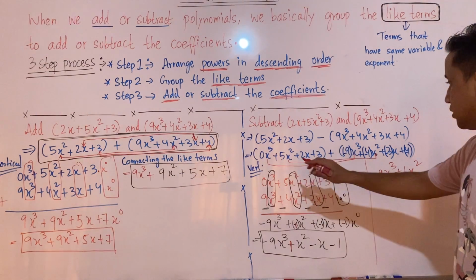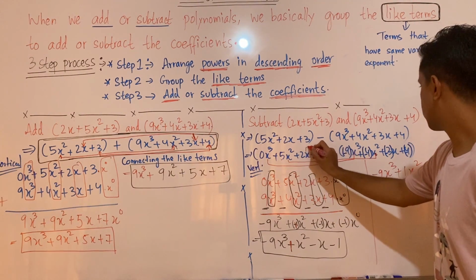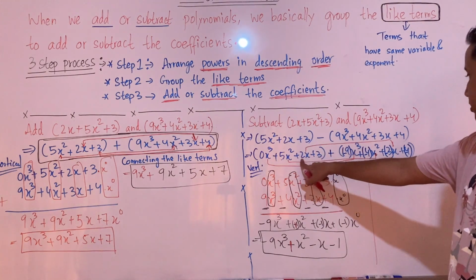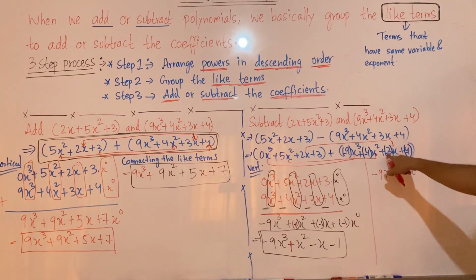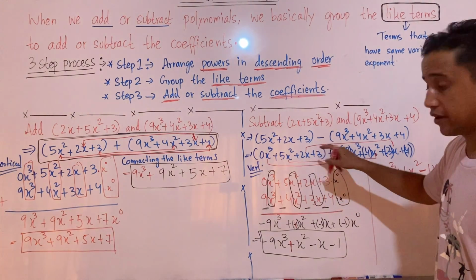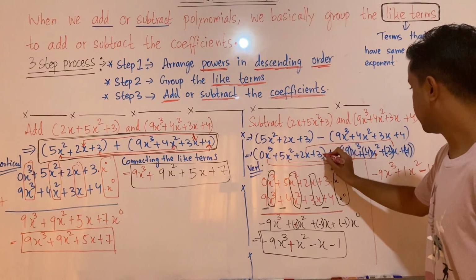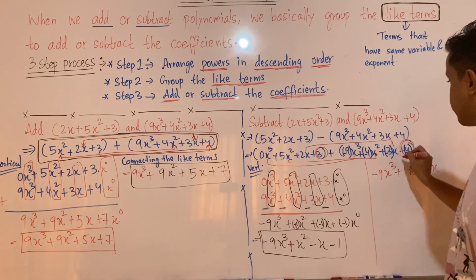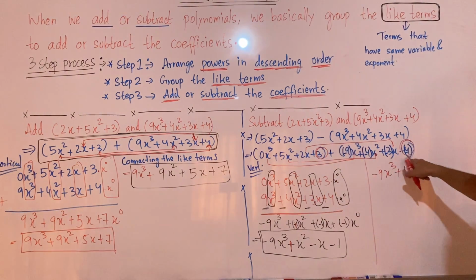Then like terms 2x and minus 3x. The coefficient is plus 2, here minus 3. 2 minus 3 means minus 1x. And here x0 terms are like terms too. The coefficient is 3, here minus 4.